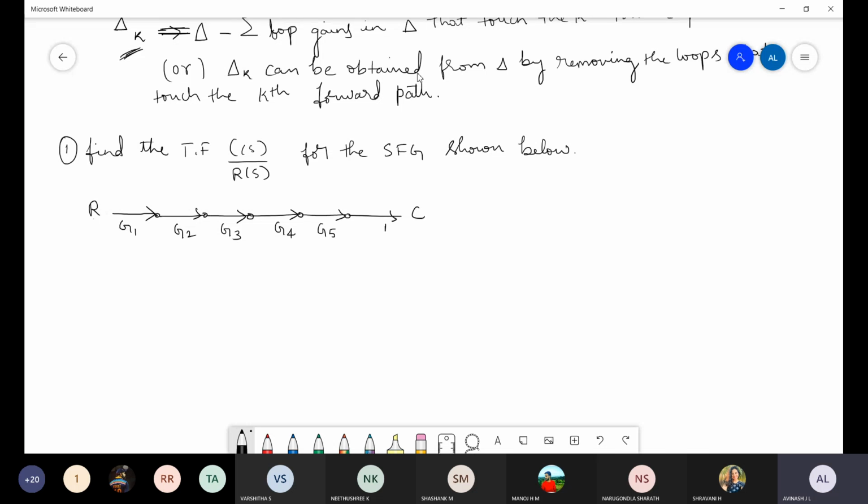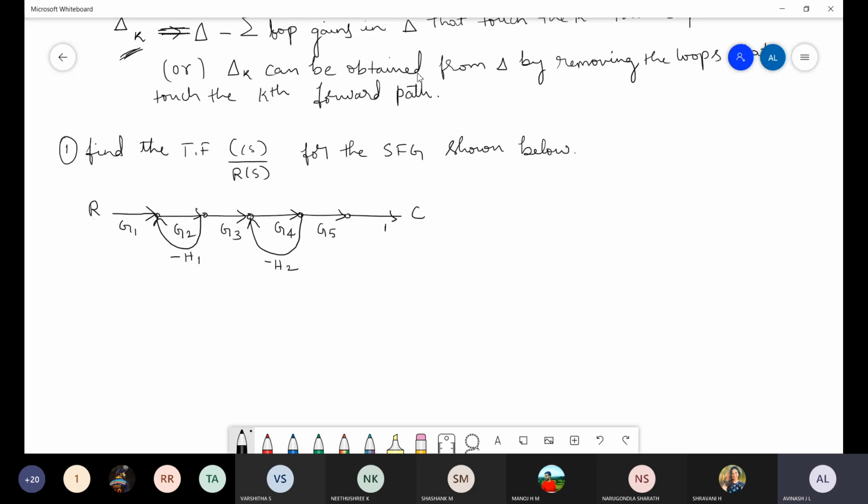So direction has been given here. In the G2 there is a feedback minus H1. For the G4 branch there is a feedback minus H2.